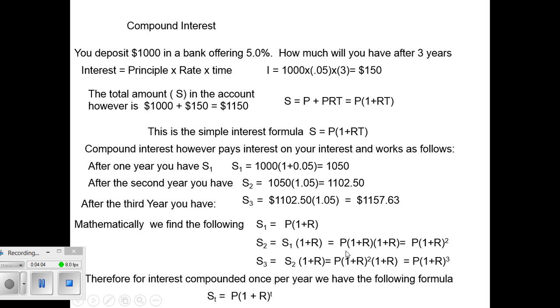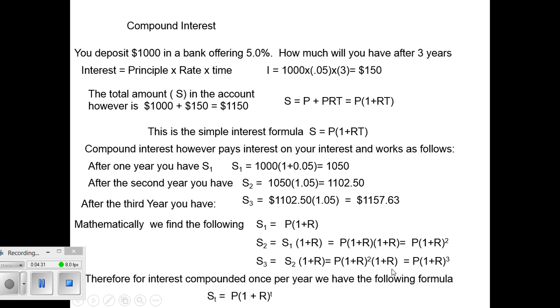Again, if you go into the third year, it is the amount you had after the second year, S sub 2, times 1 plus the rate. But we found S sub 2 is principal times 1 plus rate to the second power, and then times another 1 plus rate. So it's principal times 1 plus the rate to the third power.